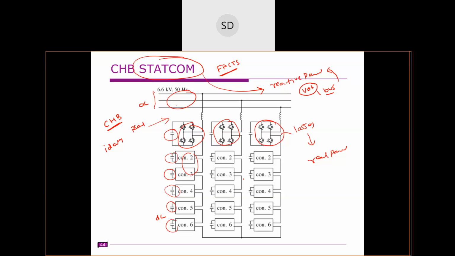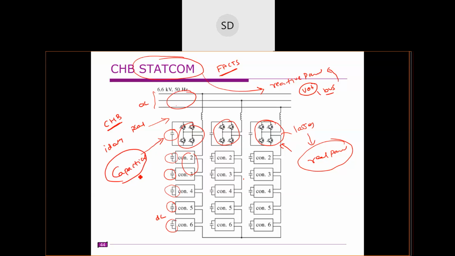Ideally the STATCOM will not exchange any real power, but it involves some real power, and this real power must be obtained from somewhere. Usually this real power is obtained from the capacitor.